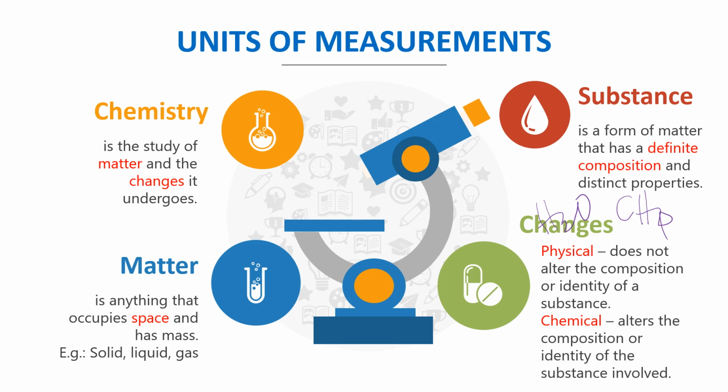A chemical change will alter the composition or identity of the substance involved. In this case, we can have H2, hydrogen gas, plus carbon dioxide gas, so you can get methane, CH4, plus H2O. This changes the chemical properties of the initial reactants.